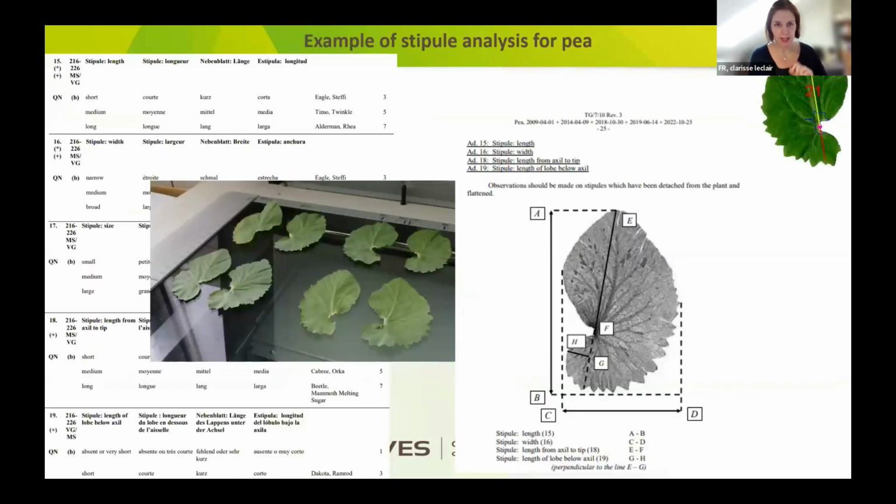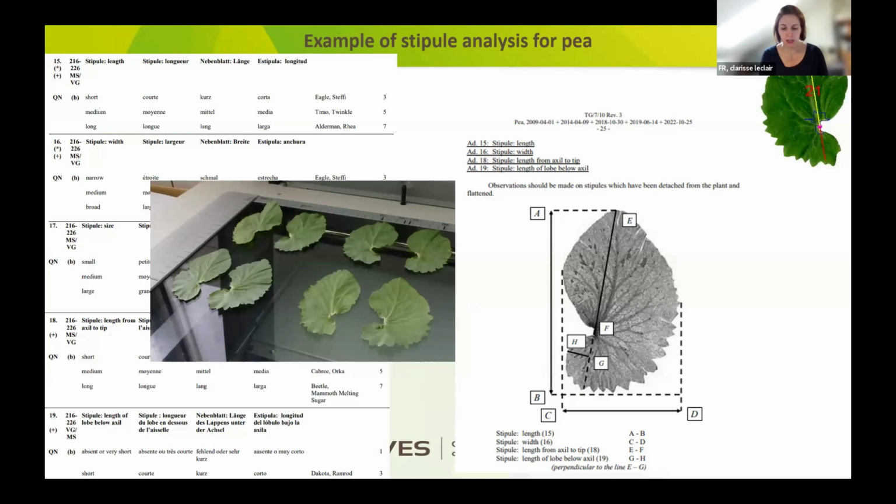Yes. Next, thank you. So to give you some concrete examples how we use it in routine, I added a few slides about characteristics that are measured with image analysis at GEVES. So the first example deals with pea.